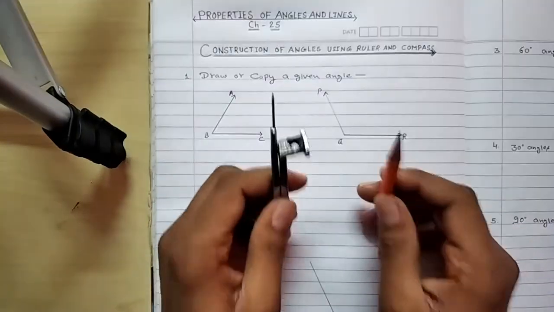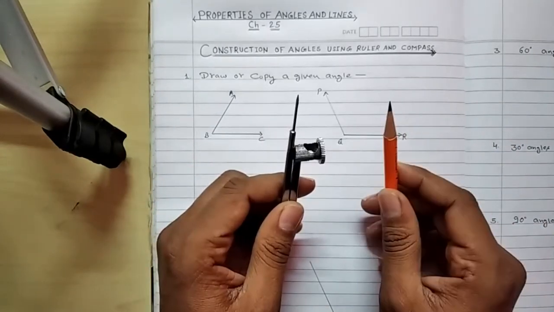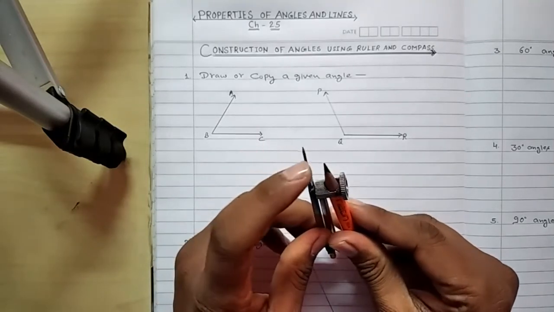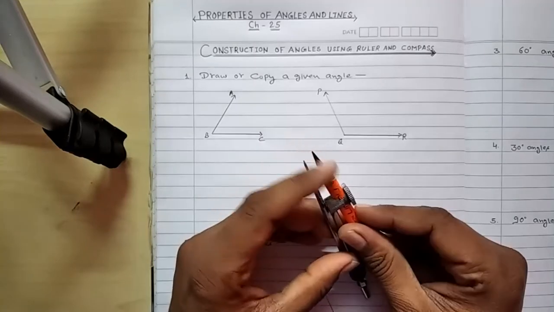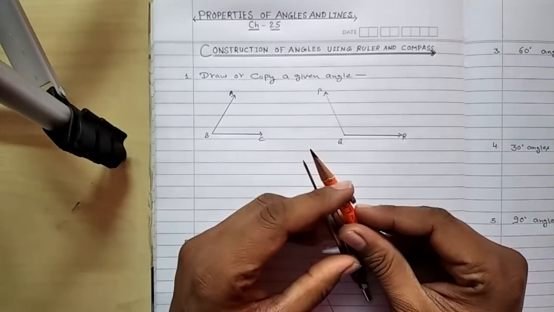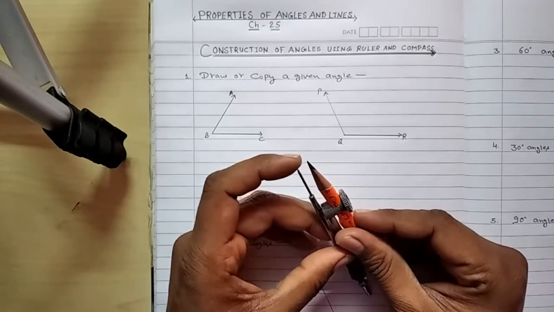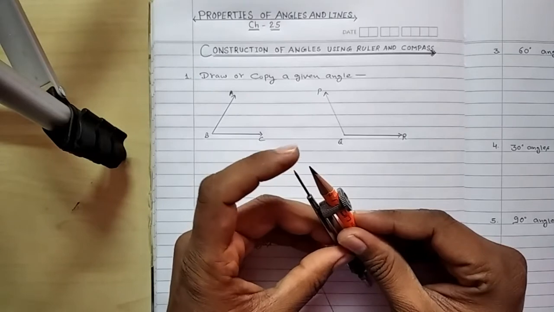Got it? Now I am going to tell you how to set the pencil into the compass. To set the pencil into the compass, get the pencil into the compass and take the sharp point of the pencil to the height of the compass. This means the height of the sharp pencil in the compass should be even with the point of the compass.